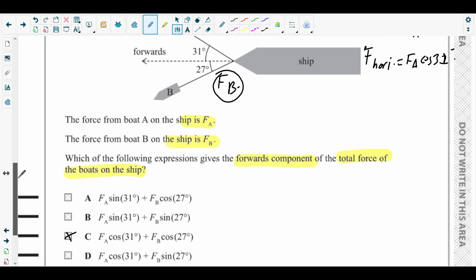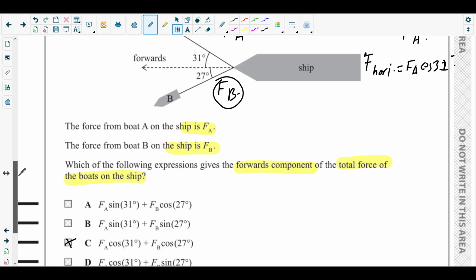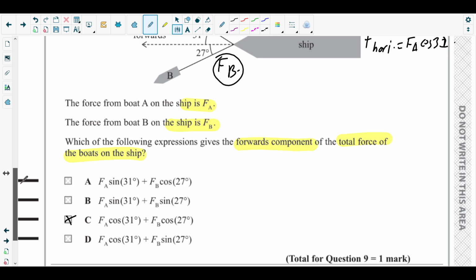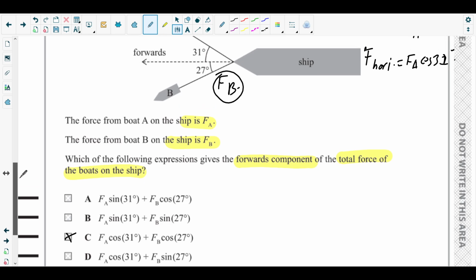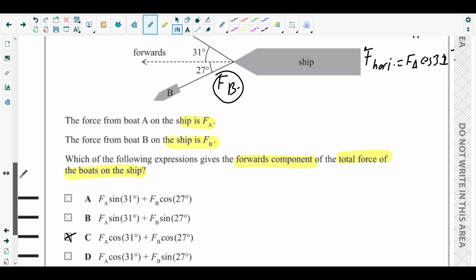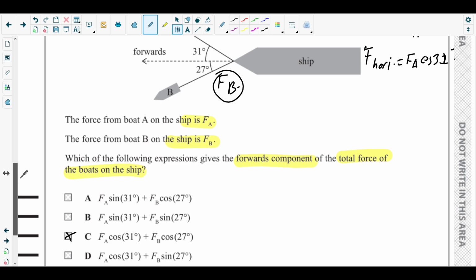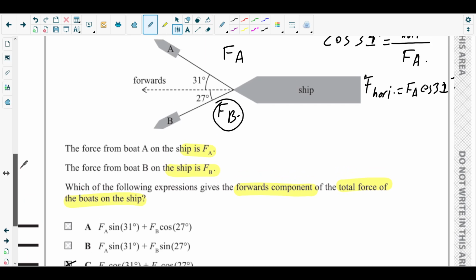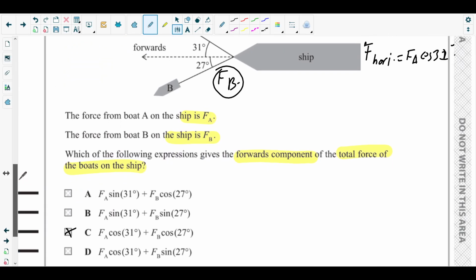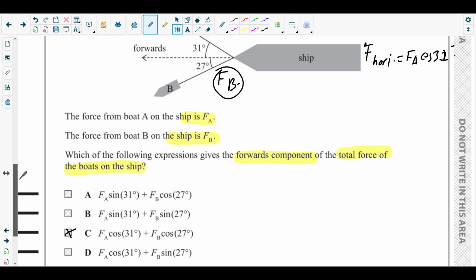You have to be attentive, because here you might get confused and make a mistake with the angle. You might consider 27 degree in place of 31, so you should be aware of that. So C is the answer, F A cos 31 degree plus F B cos 27 degree.